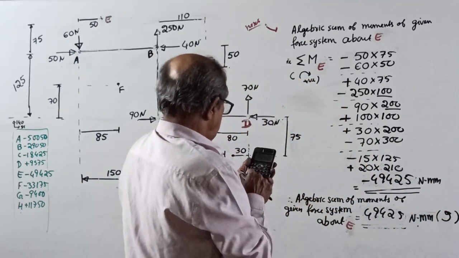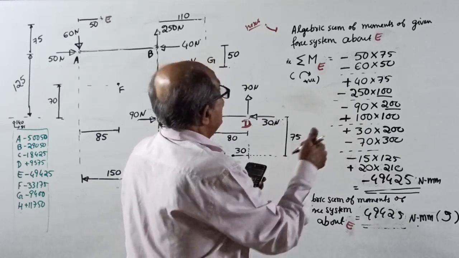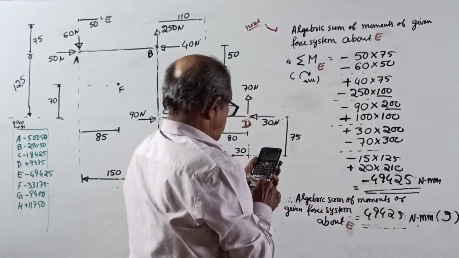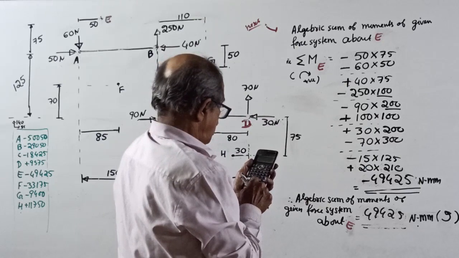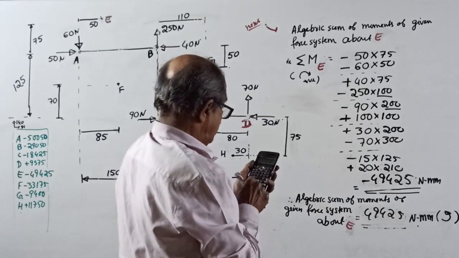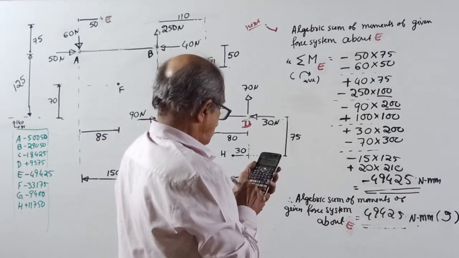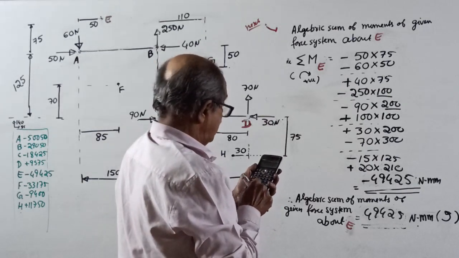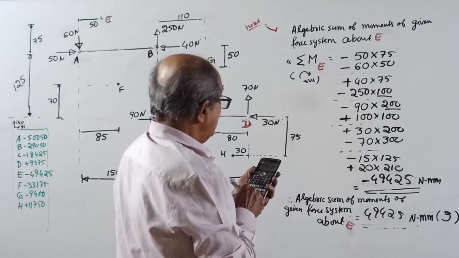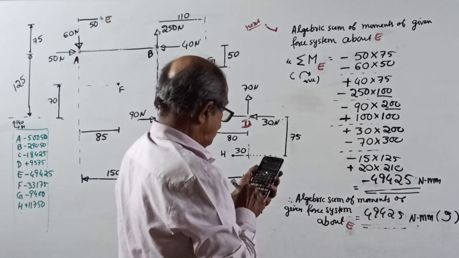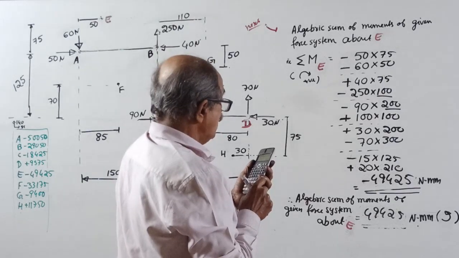Okay. Minus 50 into 75 minus 60 into 50 plus 40 into 75 minus 250 into 100 minus 90 into 200 plus 100 into 100 plus 30 into 200 minus 70 into 300 minus 15 into 125 plus 20 into 210 minus 49425.